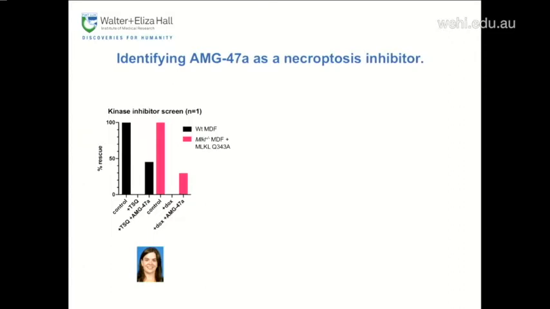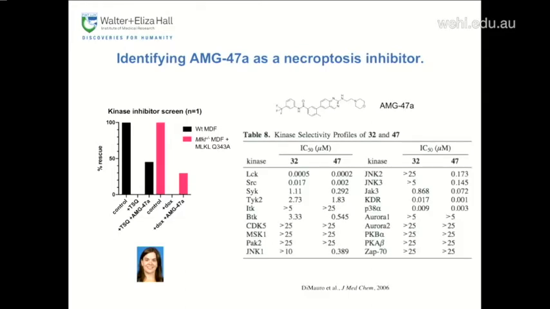This compound, AMG 47A, a kinase inhibitor, came up in both screens. It showed protection from TSQ-induced necroptosis, and it showed some protection from cell death caused by the Q343A mutant. AMG 47A was originally developed as a lymphocyte-specific kinase inhibitor.